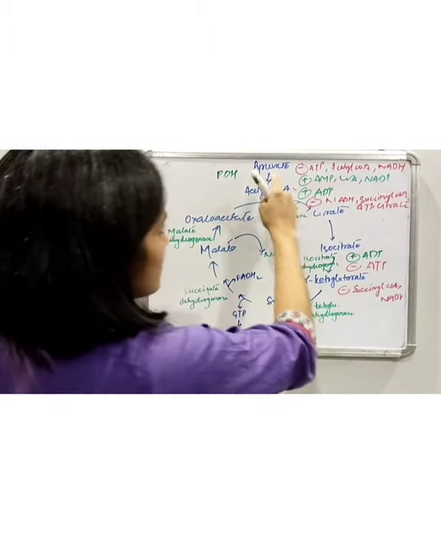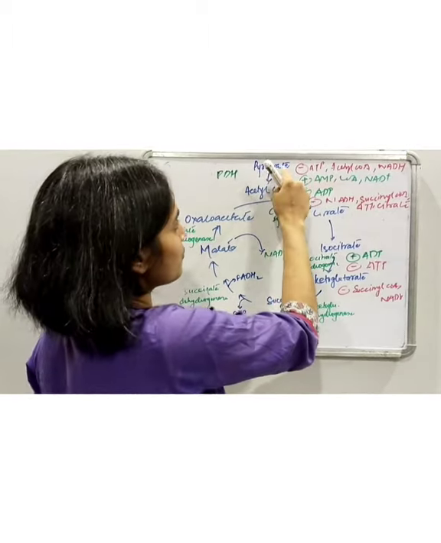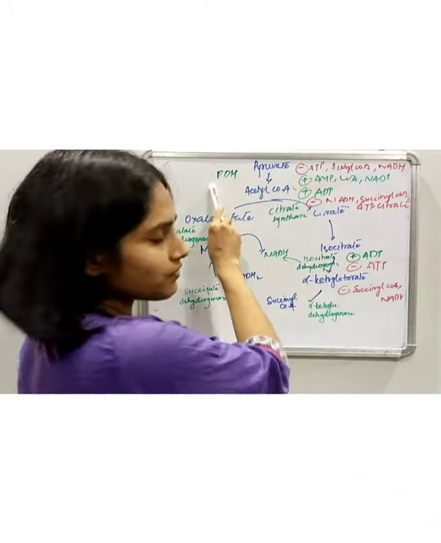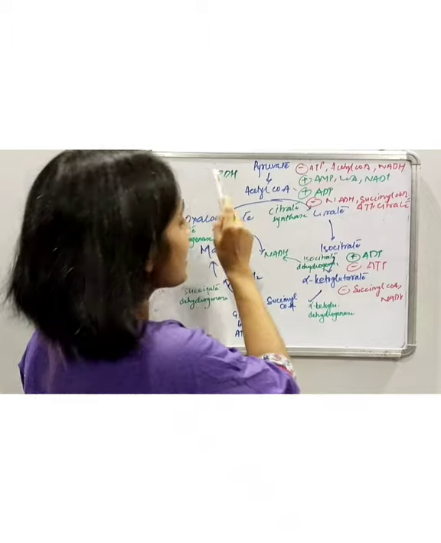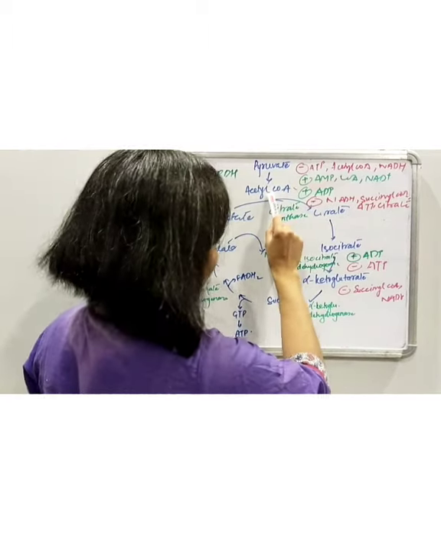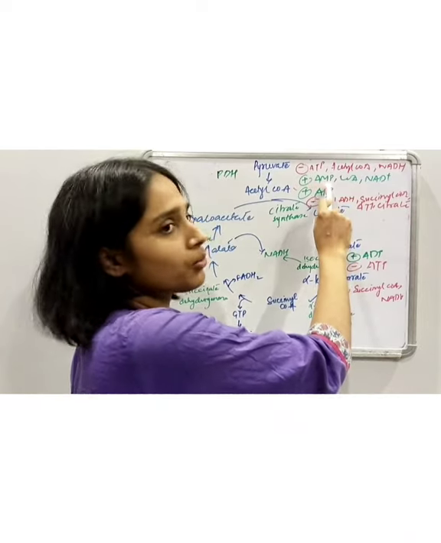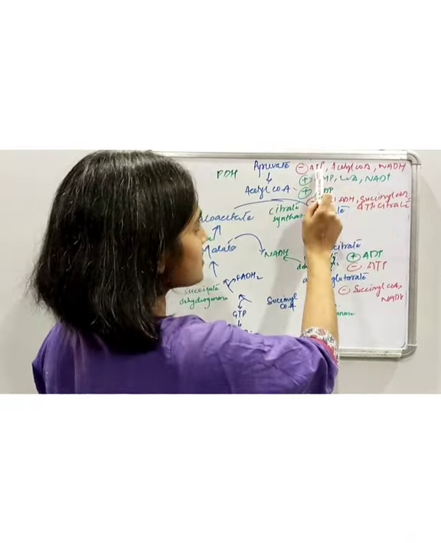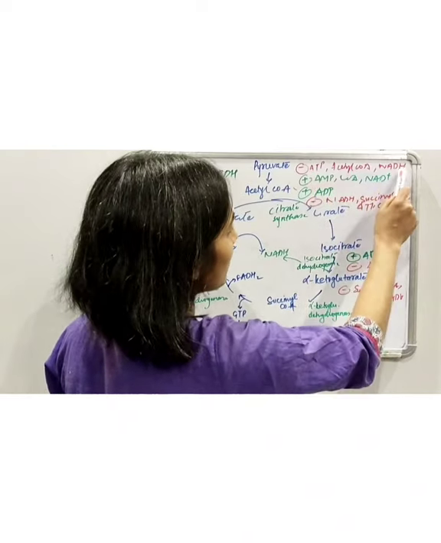So if we look into the first step, pyruvate is converted into acetyl coenzyme A in the presence of the enzyme pyruvate dehydrogenase, and the activators of this step are AMP, adenosine monophosphate, coenzyme A, and NAD+. However, the repressors are ATP, acetyl coenzyme A, and NADH.